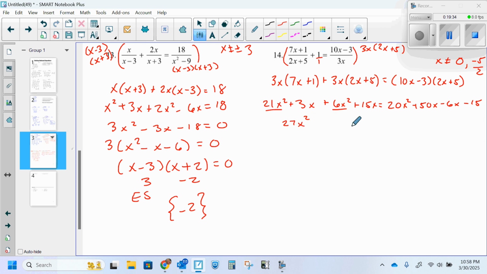I'm combining my x squares. Combine my x to the first.